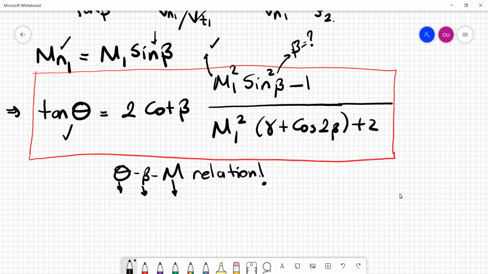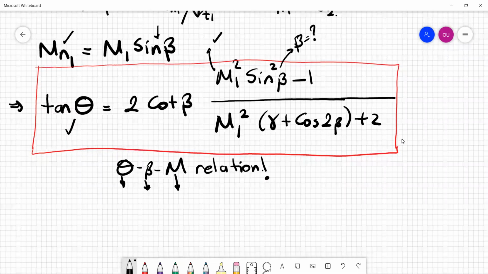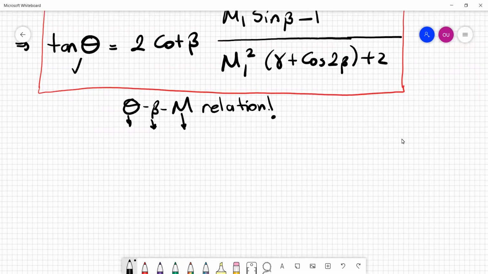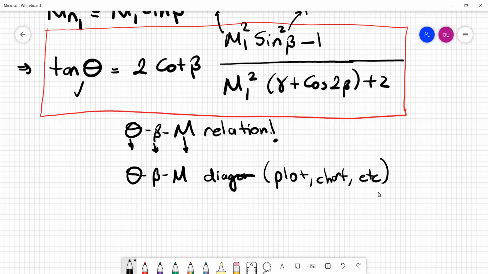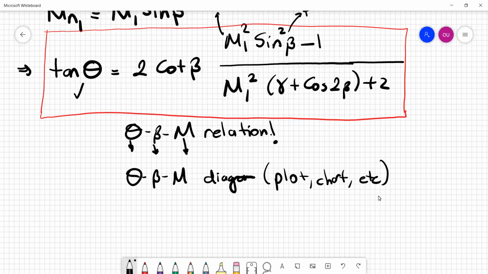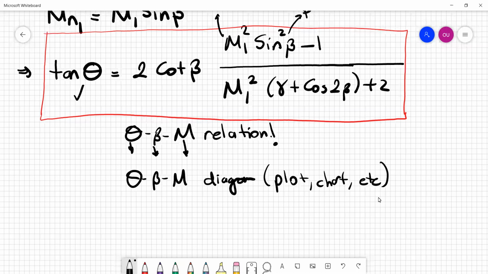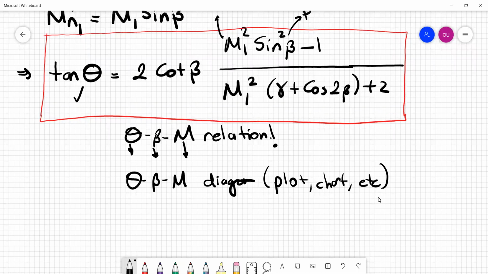So for this purpose, we generally use what we call a theta-beta-M diagram, or chart, or plot, or whatever. This theta-beta-M diagram helps us determine this beta value, the shock wave angle, for a given flight Mach number condition and for a given deflection angle condition, theta.